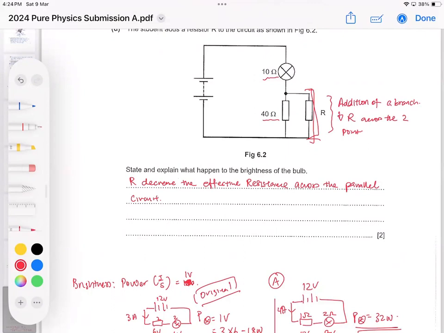Because its resistance dropped, remember the EMF stays the same. So because the resistance of this part dropped, I would say that the potential difference across the parallel circuit decreases. This is based on the concept that the lower the resistance, the less voltage you will draw. And because the EMF is still the same, therefore the potential difference across the lamp will increase.